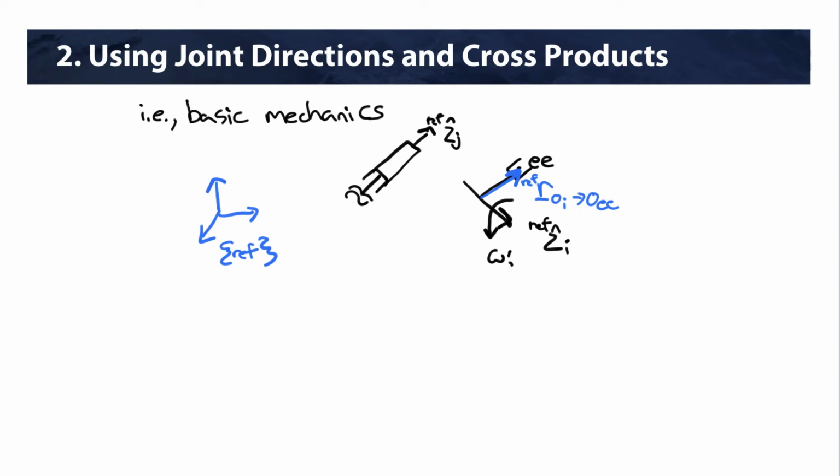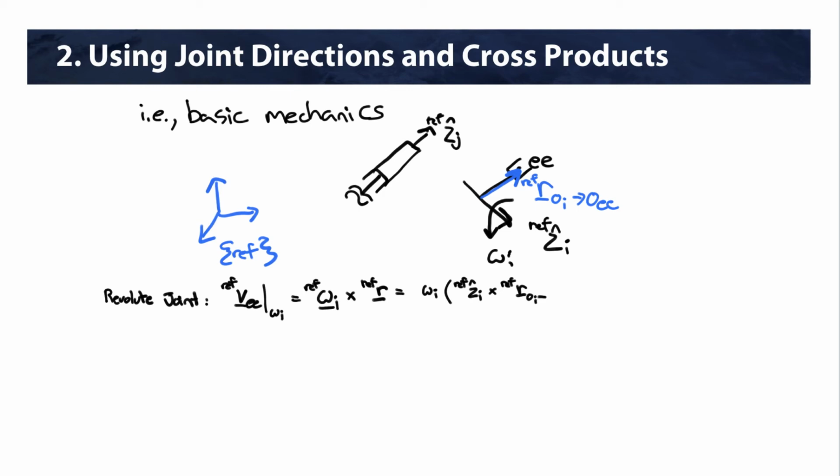Okay, so now for a revolute joint, our velocity of the end effector point due to our angular velocity is just simply going to be our angular velocity omega i cross our position vector R. All right, and now omega i vector is just omega i magnitude times our joint direction, and we can write out our position vector.